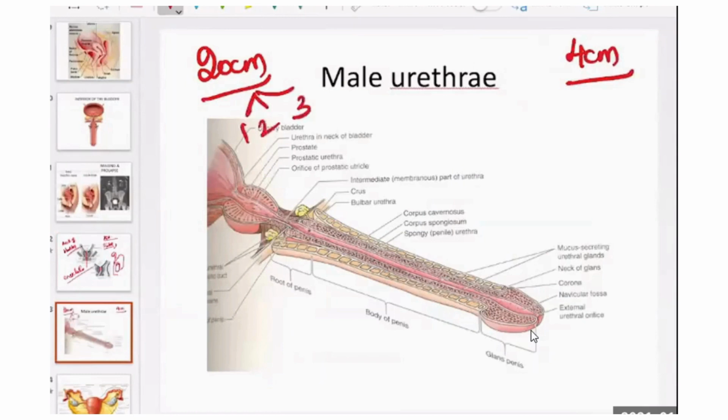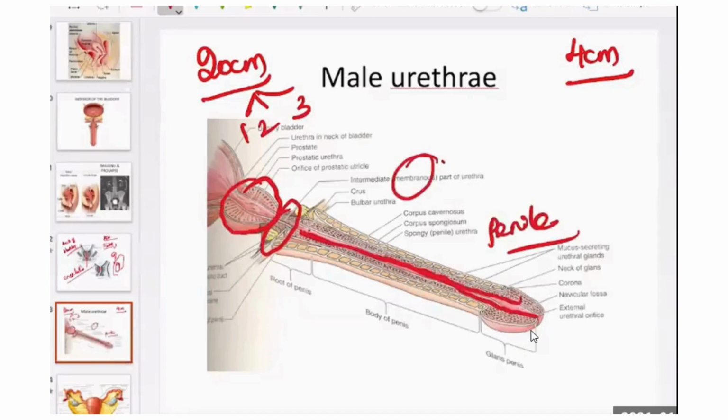What is present within the prostate is the prostatic part. This intermediate part is the membranous part. What is present on the genitalia is called the penile part. So one is the prostatic part, second is the membranous part, third is the penile part. So there are 3 parts for the male urethra.